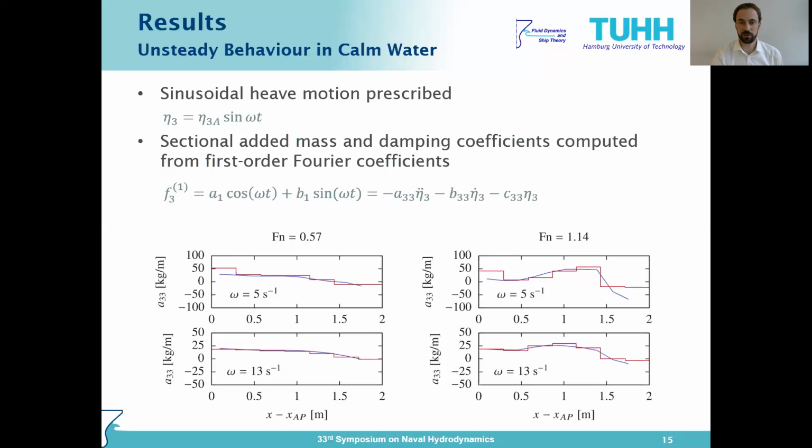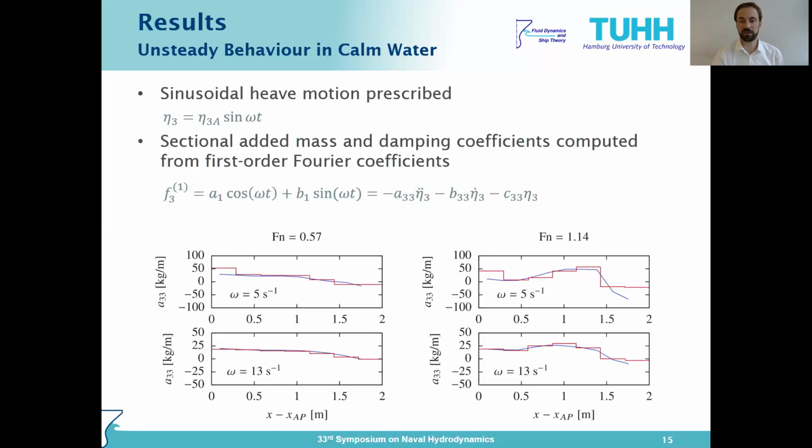A frequency of omega equal to 5 seconds to the minus 1 is in the upper row, and a heave oscillation frequency of 13 seconds to the minus 1 is in the lower row. The amplitude was 0.01 meters.